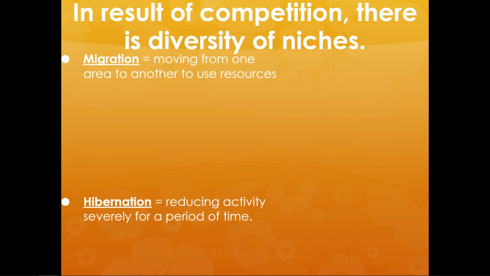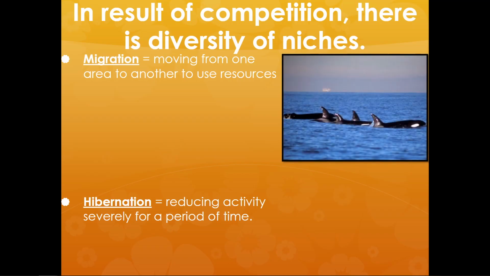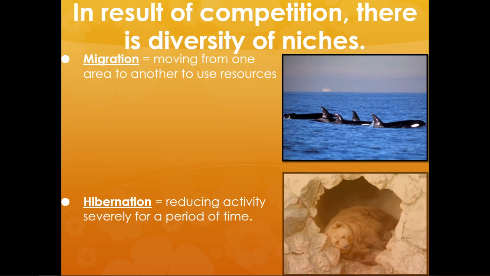And then you also have hibernation, where you have a reducing of activity for a period of time. A migration example here would be orcas. They go to different parts of the world depending on the time of year. You could also include different migratory birds that travel from South America to North America. And then you have the classic hibernation, which is pictured here with the bear.